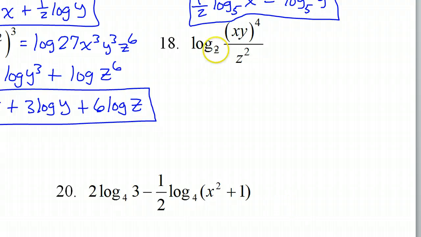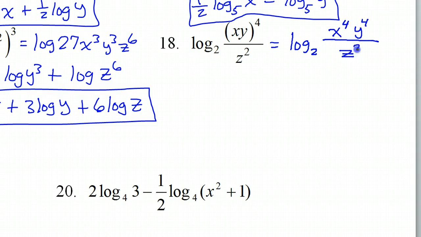Okay, so here we go on this one. Again, I like to go ahead and apply the power to everything, kind of get rid of these parentheses before I do anything. So that would make this log base 2 of x to the 4th power y to the 4th power over z squared.